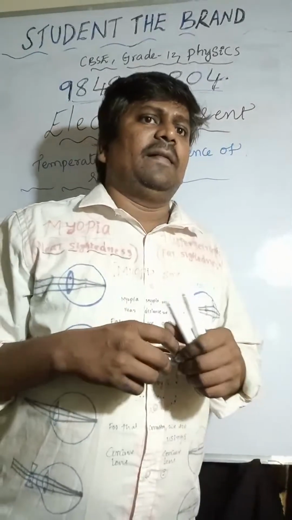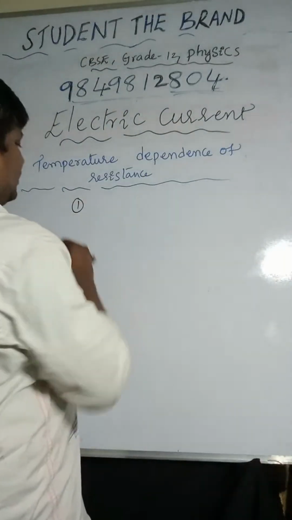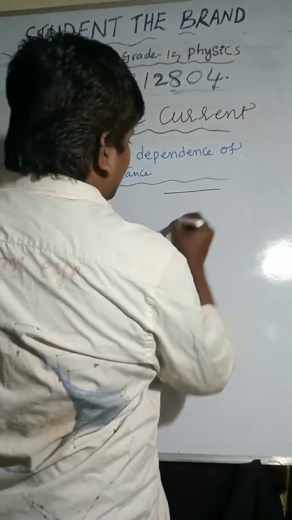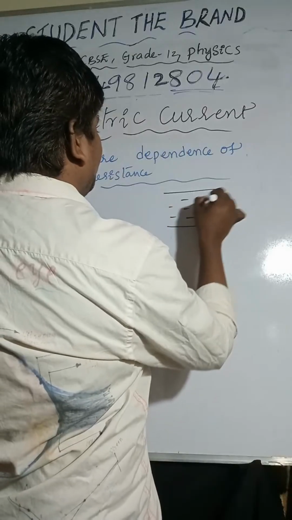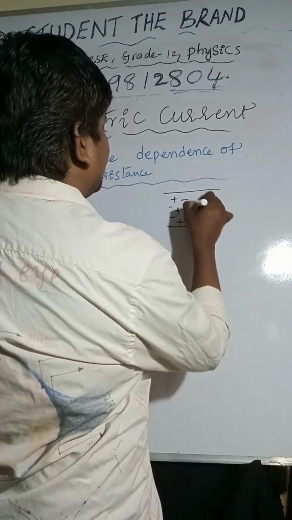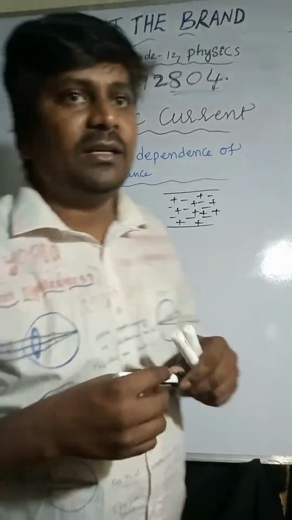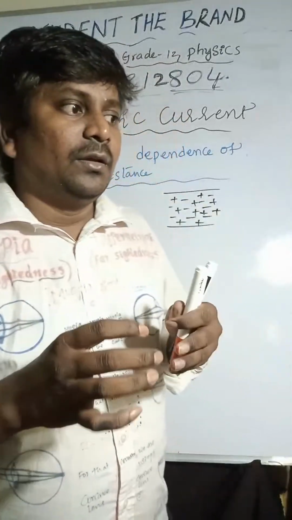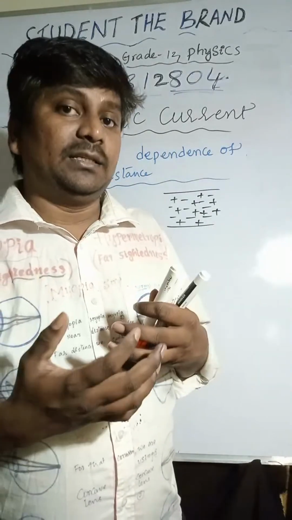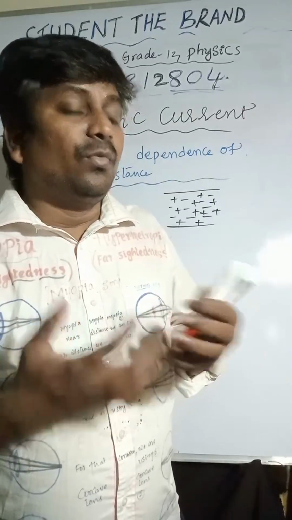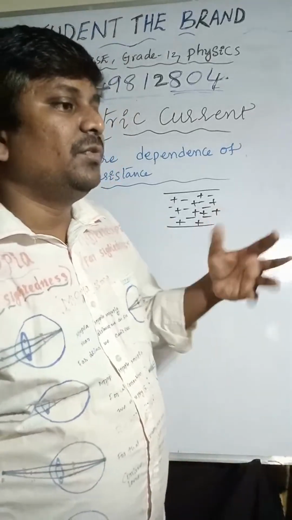Here I will tell 2 points. Point number 1. So this is the conductor. If you increase the temperature of the conductor, the free electrons in the conductor will increase, or the movement of the electrons will be more. Automatically electrons will move faster.